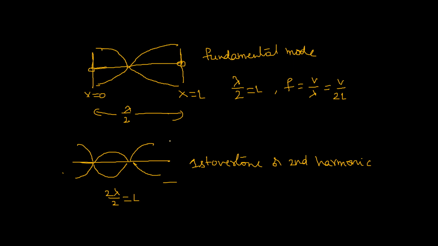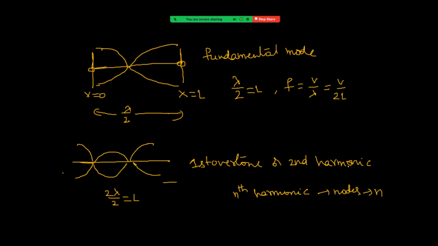Okay. And one more thing. When we take the first harmonic, number of antinodes: two antinodes and one node, right? And if you take here the second harmonic, one, two, three antinodes and two nodes. That means here for the nth harmonic, the number of nodes is n.